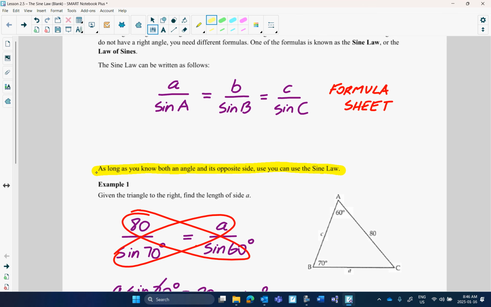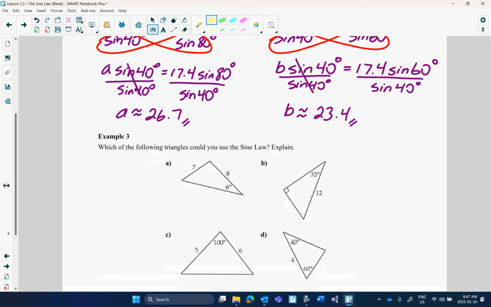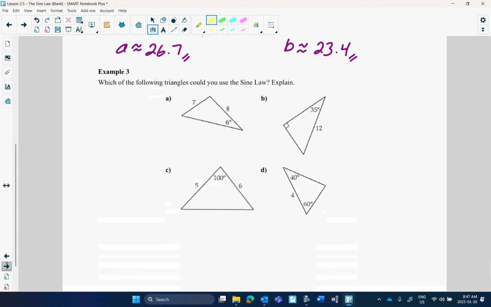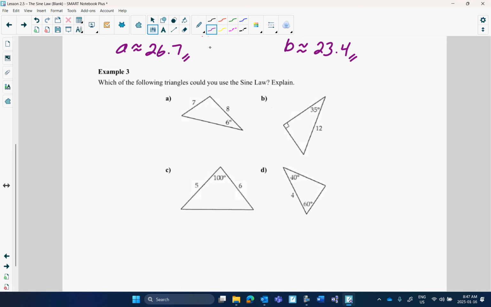Okay, that's on the front page. So think of that when we answer the questions in the next exam. Remember, if you know a side and an angle opposite that side, you can use sine law. So for A, well, I know a side and an angle opposite.